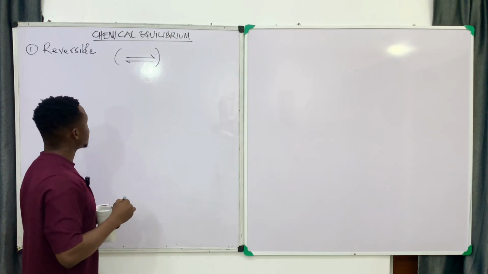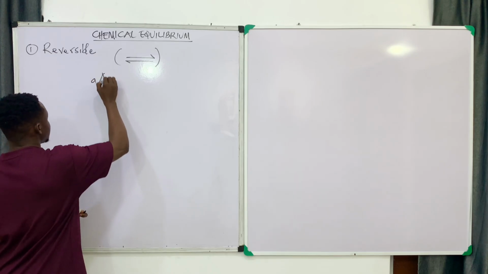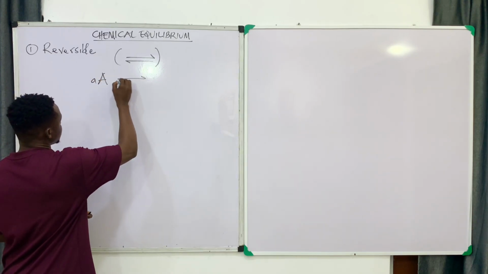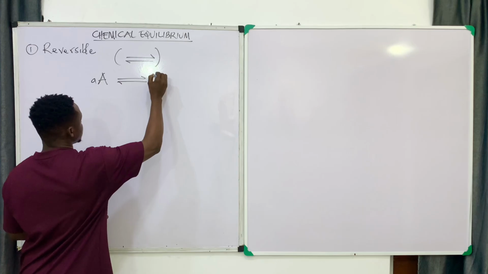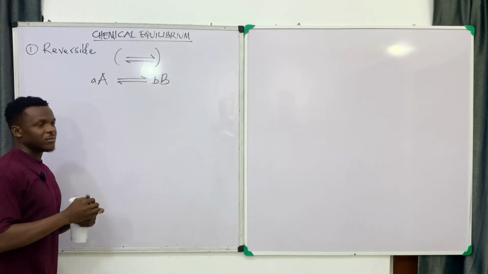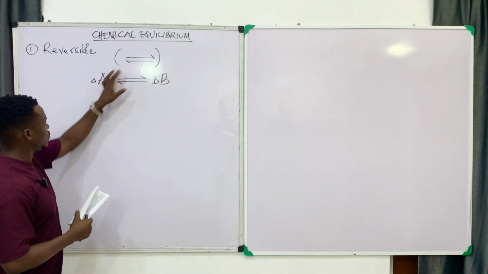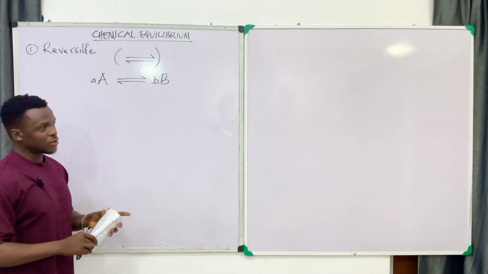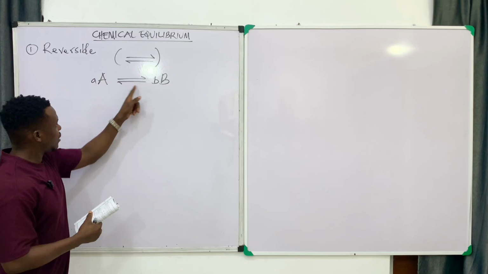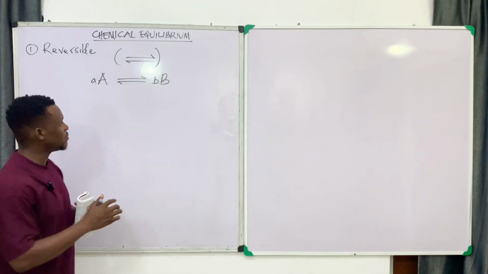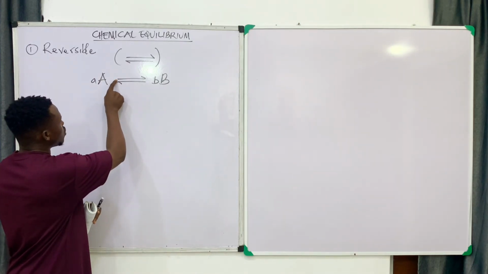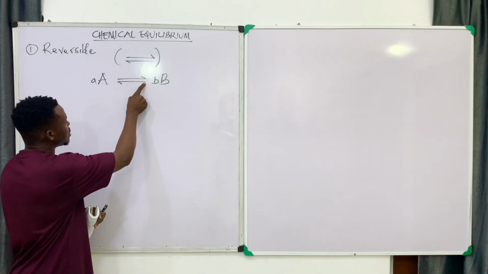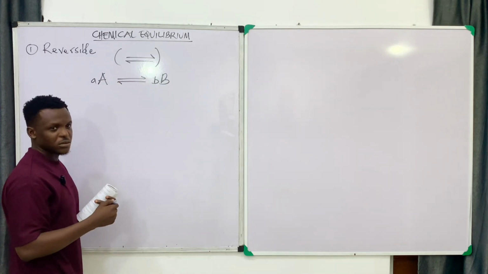If you notice, for example, if I have something like this, the left hand side of this arrow is a reactant and the right hand side of this arrow is a product. The two arrows are equal in length, which means the rate at which this one is going forward is equal to the rate at which this one is going backward.